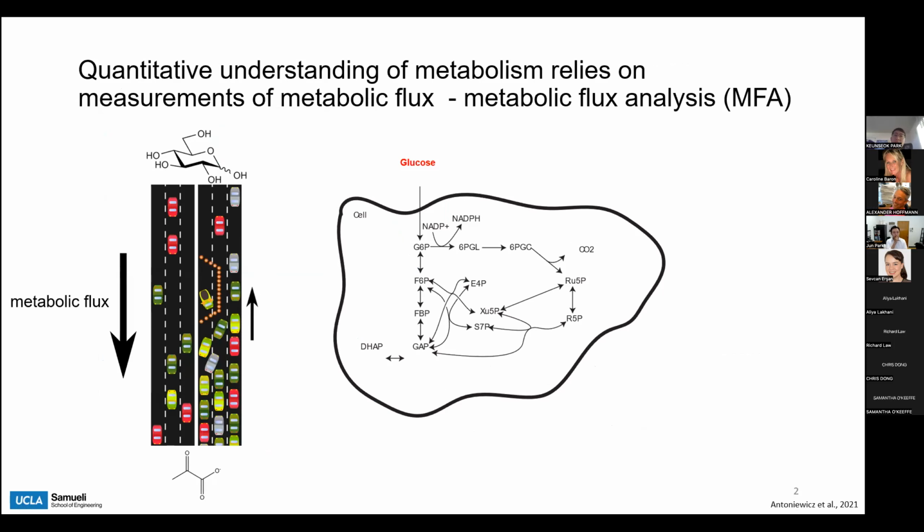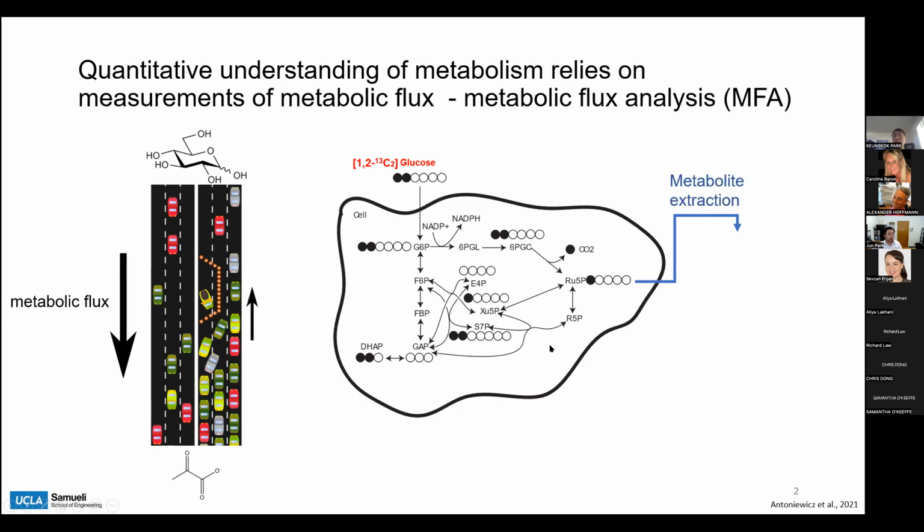So quantitative understanding of metabolism relies on rigorous measurements of metabolic flux. So what is metabolic flux? Metabolic flux is a metabolic reaction rate inside the cell. And what researchers have been doing to measure this value is utilizing stable isotope tracers, like the example on the right side. If the cell takes up 1,2-13C glucose, these isotopes will travel around inside the metabolic network of interest.